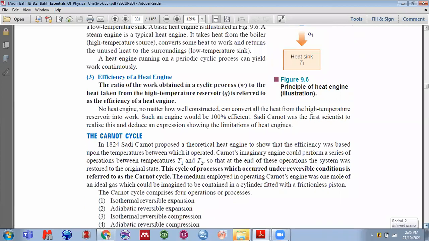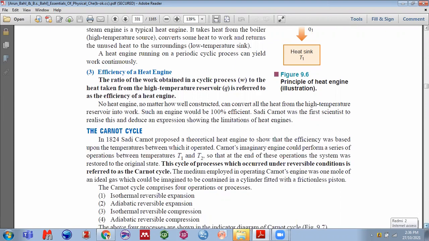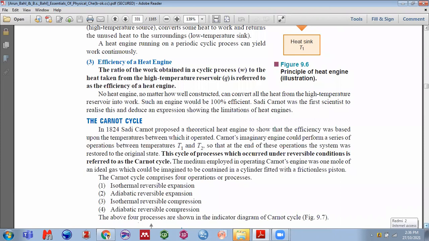Carnot cycle. Sadi Carnot proposed a theoretical heat engine to show that the efficiency was based on the temperature between which it operates. Carnot cycle is an imaginary cycle. That imaginary engine would perform a series of operations between temperatures T1 and T2.